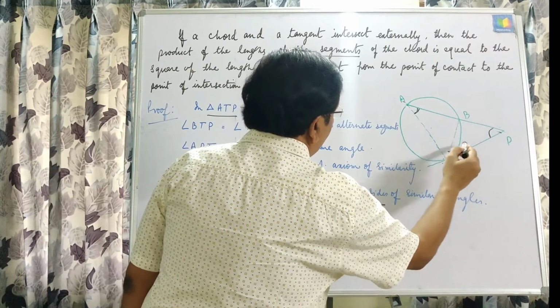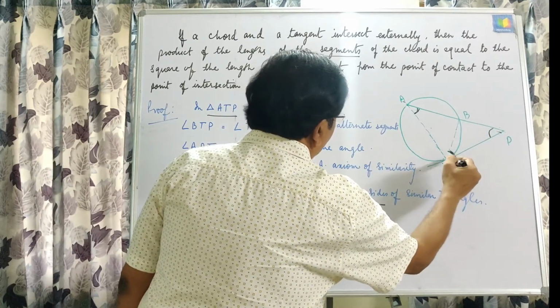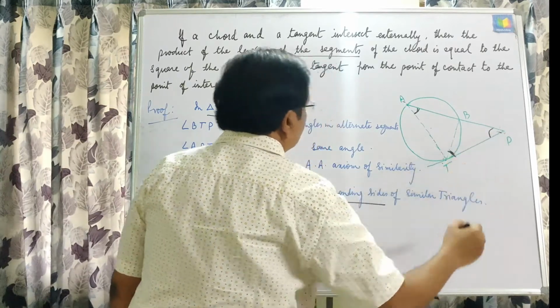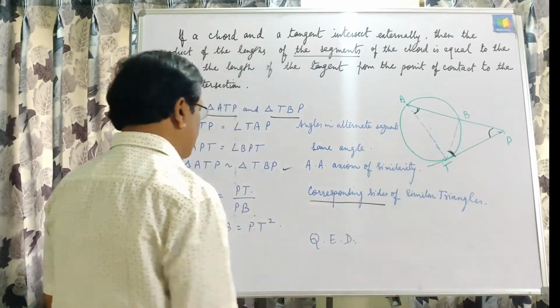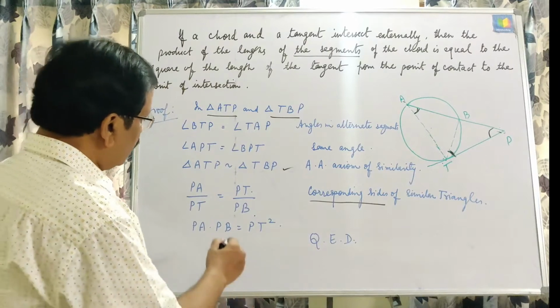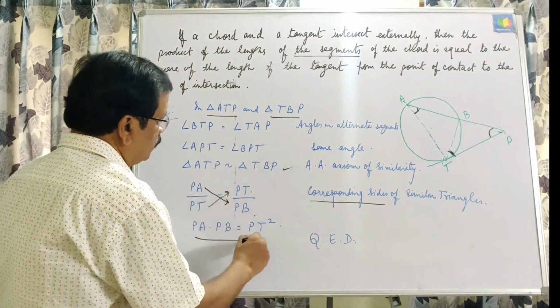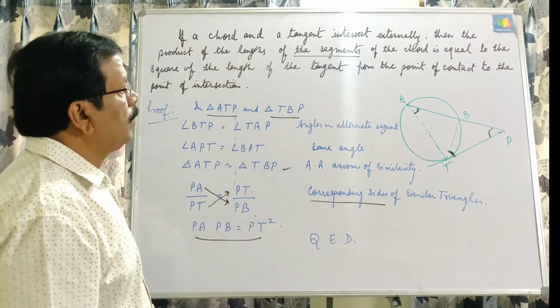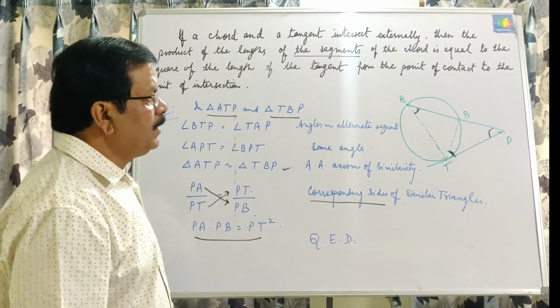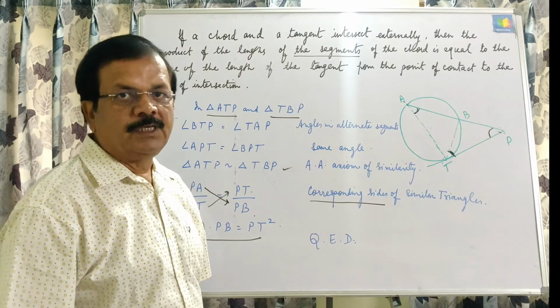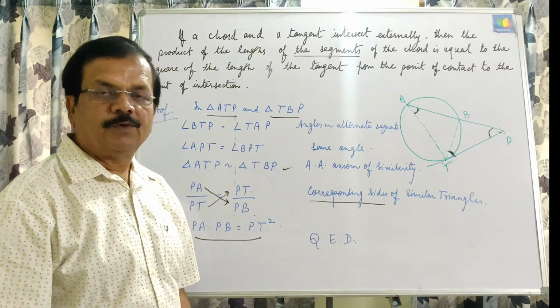There is a little bit of confusion in this one because PT is a common side of both the triangles. Now by cross multiplication, PT square is equal to PA into PB, and this is what we have to prove. Now with the help of these two theorems, we will do certain questions.